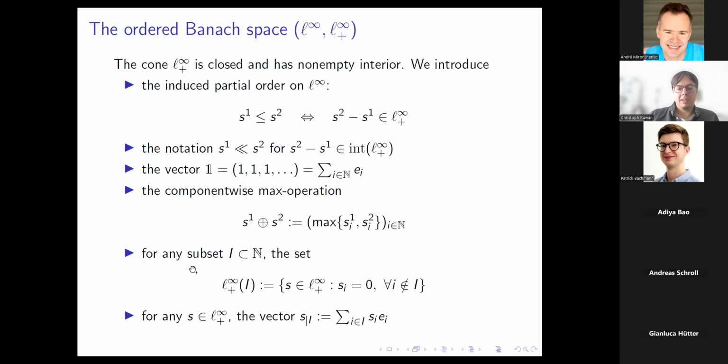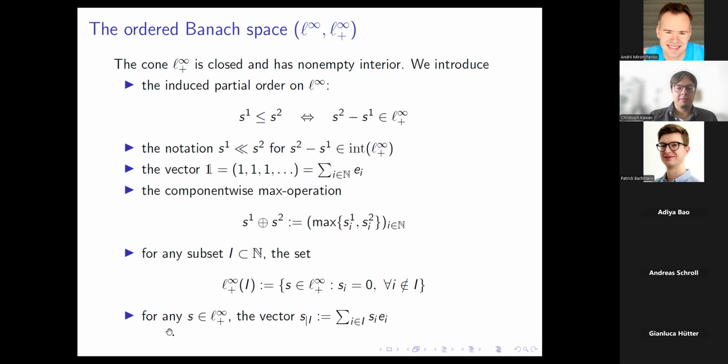Next, if I fix a subset I of my index set, the natural numbers, then I define a subspace of L infinity plus. It's L infinity plus of I. It's only those vectors whose components can be non-zero only when the index small i is in this subset capital I. So for all indices which are outside capital I, it's 0.